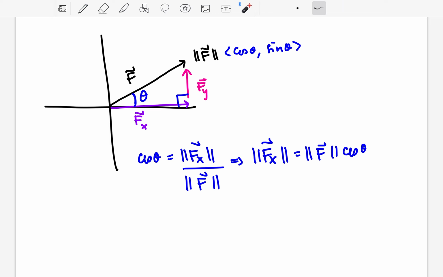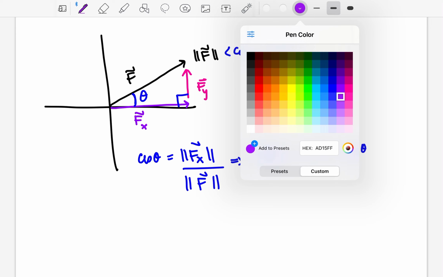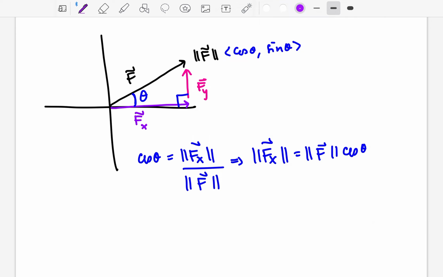And since this is on the x-axis, cosine 0 is equal to 1 and sine of 0 is equal to 0. So the x component, or horizontal component, is just the magnitude of F cosine theta times the vector 1, 0.